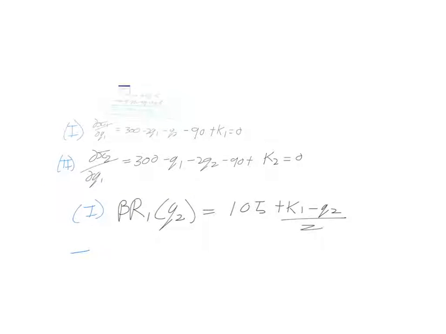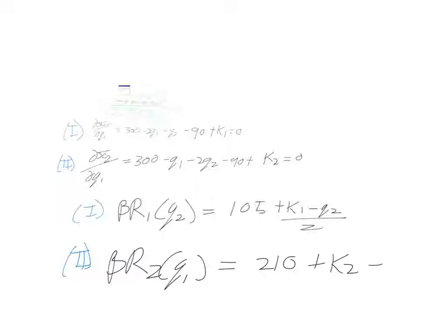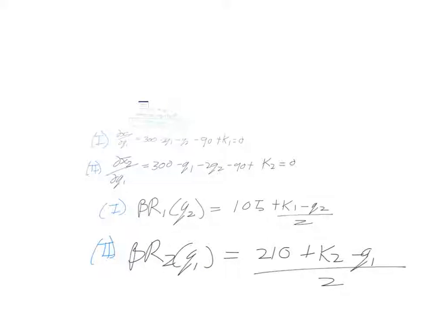And if you were to rearrange equation 2, you just get the best response function for firm 2 as 210 plus K2 minus Q2 minus Q1 over 2. So that's just rearranging those to get the best response functions. Although, as you probably noticed, I never really tend to get the best response functions unless explicitly asked to.